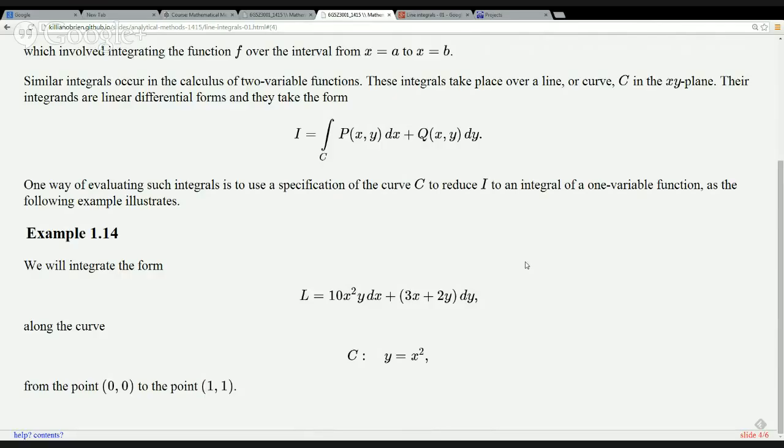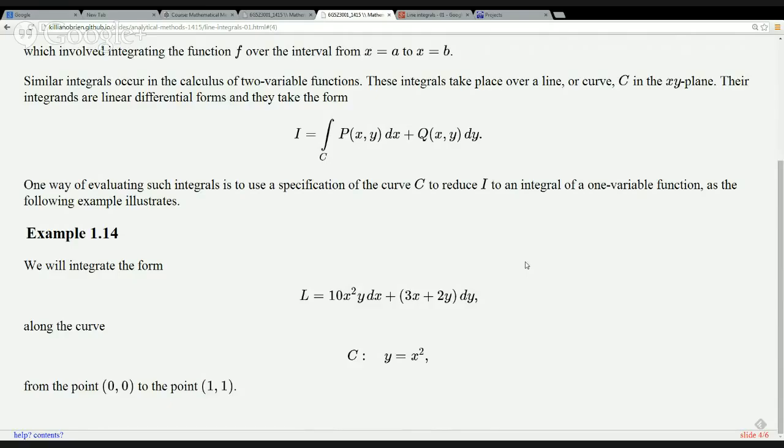C is this rough sketch of how C looks in the plane. It's going from the origin to the point (1,1). And this integral is somehow going to sum up the accumulated effect of these two functions. The 10x squared y is keeping track as the x variable changes, and the 3x plus 2y is accumulating as the y variable changes.